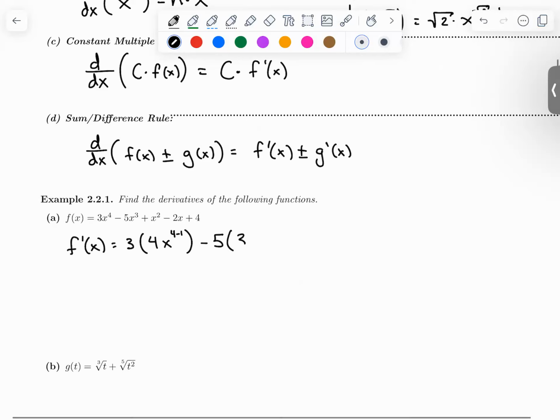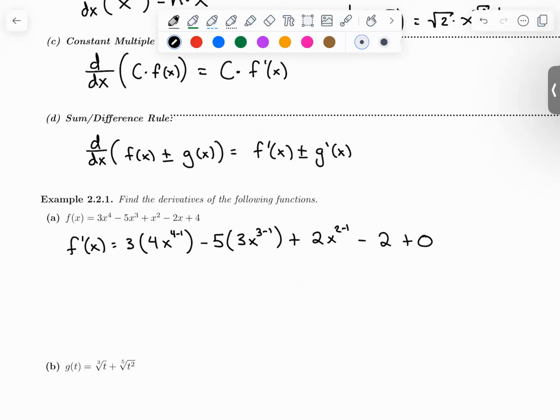That would be 3x to the 3 minus 1. The x squared doesn't have a constant in front attached to it, so we don't need to worry about the constant multiple rule. We just take its derivative, which should be 2 times x to the 2 minus 1, minus the derivative of 2x by the linear rule, the part 2 of the first rule, would just be minus 2, and then the derivative of a constant is 0.